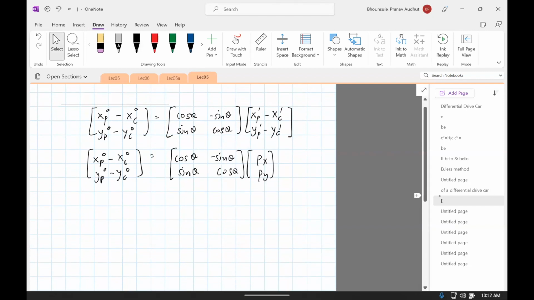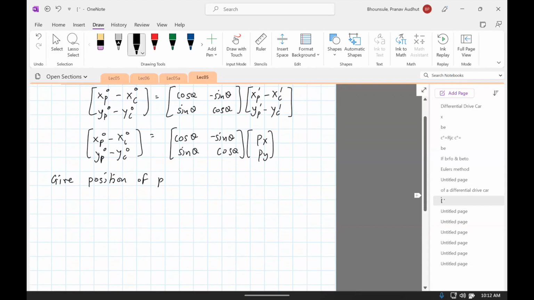Okay, and we'll be needing this. We'll write two formulas. One formula is if given a position of C, we can write the position of P. If given a position of P, we can write the position of C. So given the position of P, we can compute the position of C. Here I'm just solving for xc0, yc0, assuming that I know xp0, yp0.